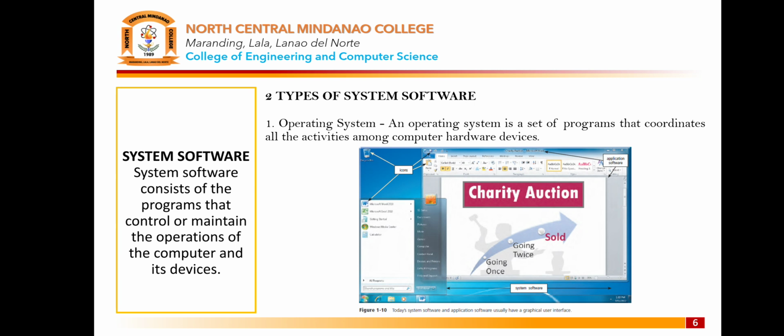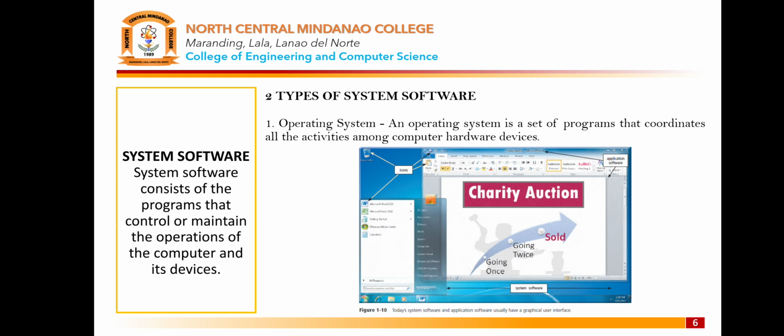I think you are familiar with this Microsoft Windows OS, and I think its latest version is Windows 11. Apple also has its own OS, and they use Mac OS.